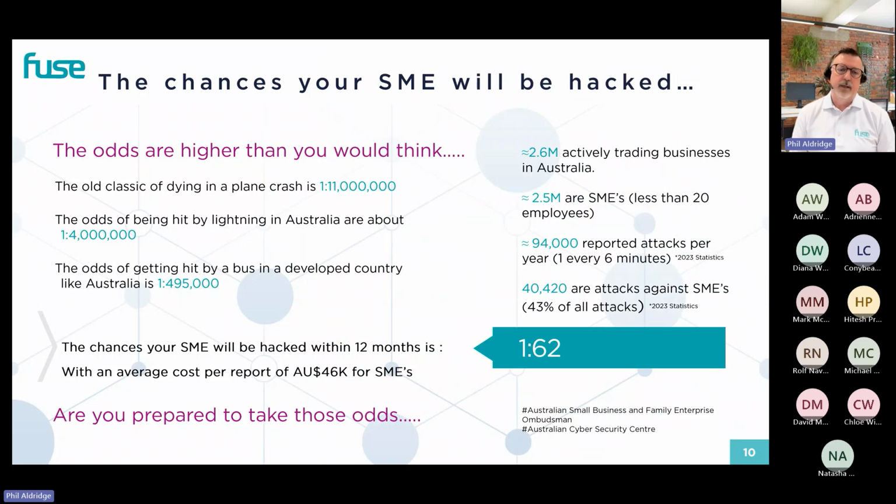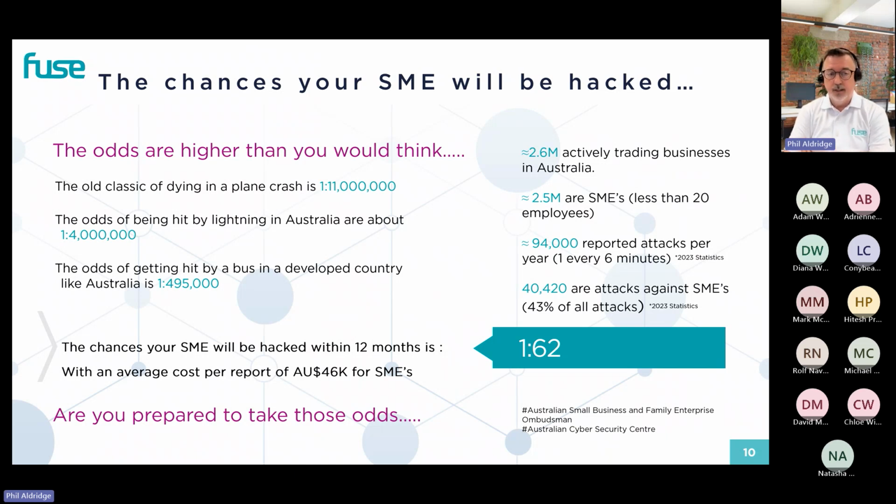On the right-hand side, I've taken the stats from the government in Australia, looking at how many businesses there are, how many SMEs there are, how many reported attacks there are every year, to find out how many actual businesses report attacks. Now, that's based on reported attacks. And as I said earlier, 95% of all businesses don't have to report attacks.